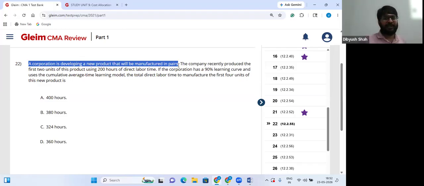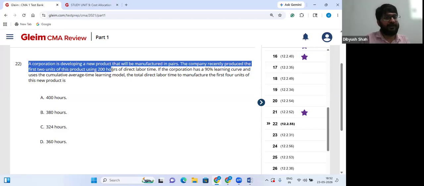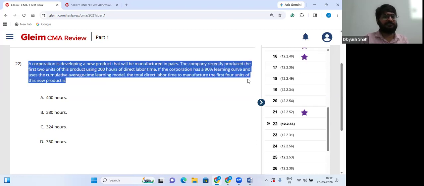If the corporation has a 90% learning curve, so 200 hours for the first 2 units, not one. They are asking the total time needed to make 4 units. It's very simple actually, much simpler than other questions.